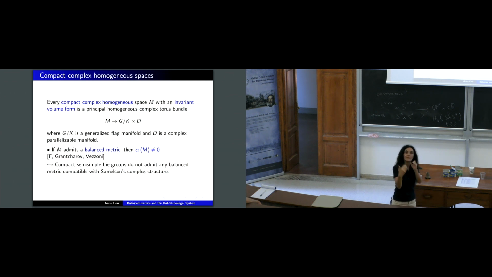And with that case, you don't have any balanced metric compatible with it. But you have, for instance, other nice metrics that I will look at later, what are called pluriclosed metrics. They have the structure of generalized Kähler. Generalized Kähler structure is related to other metrics.